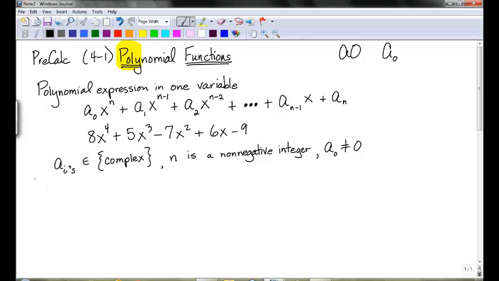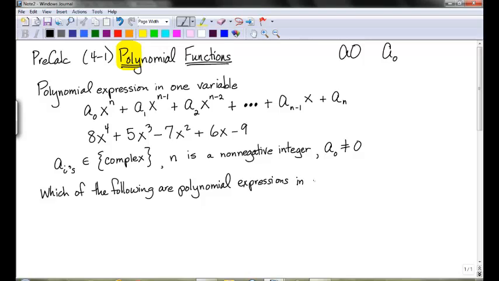Okay, now the author's going to take that definition and then give you some problems. Okay? Which of the following are polynomial expressions in one variable?